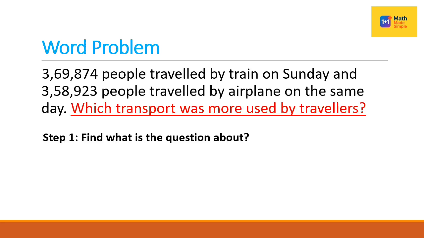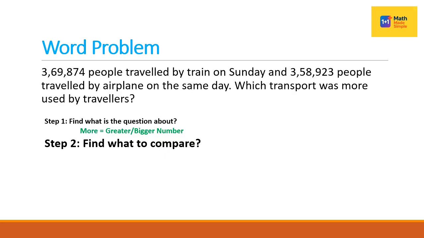To solve this problem, we first need to find what the question is about. So this question is about which transport was more used by travelers. Here more means greater or bigger. So the next step will be we have to find what we have to compare.